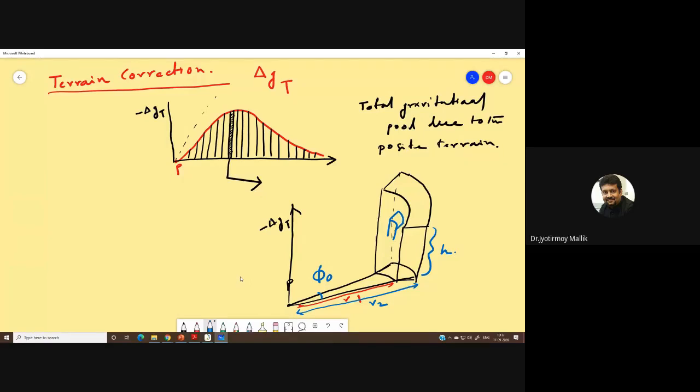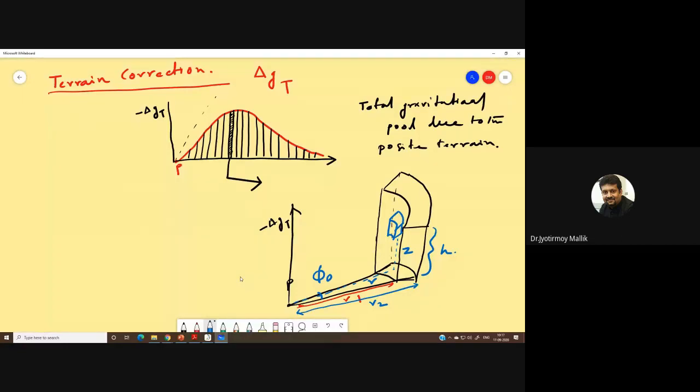Okay. And let us say this is situated at a height of z from the base of the cylinder. Okay? And then this distance is small r.